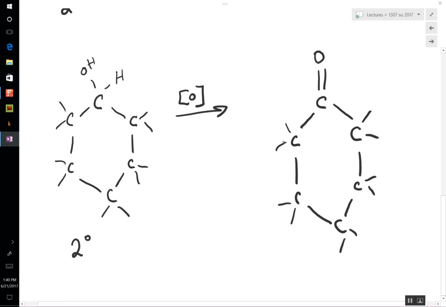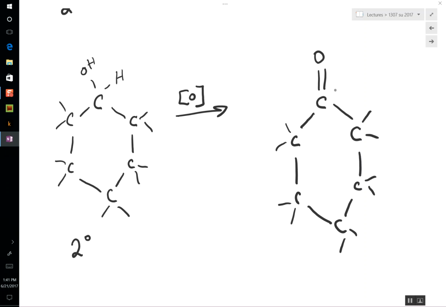And I'm not even sure I know the answer to that. It gets sopped up in this oxidizing agent. It doesn't really come off as hydrogen gas necessarily. It gets caught up with the oxidizing agent. So don't worry about balancing that. Typically I have you figure out what got lost and included somehow, but don't worry about it too much in this case. But you can see there's no hydrogen on that carbon. It lost those 2 hydrogens.